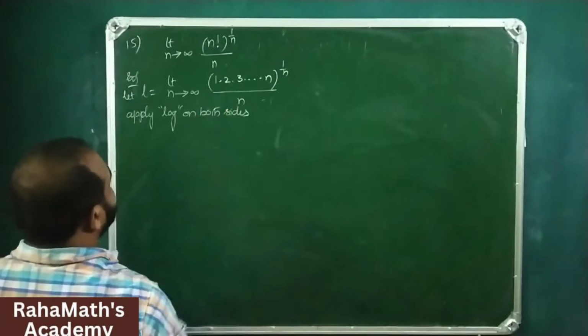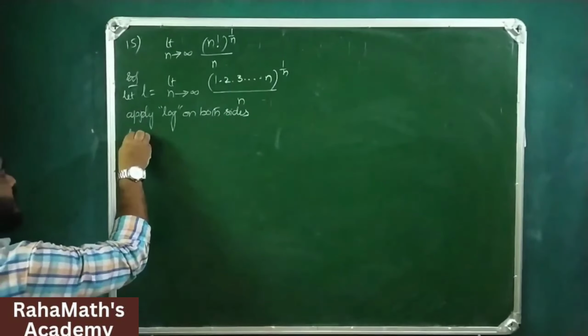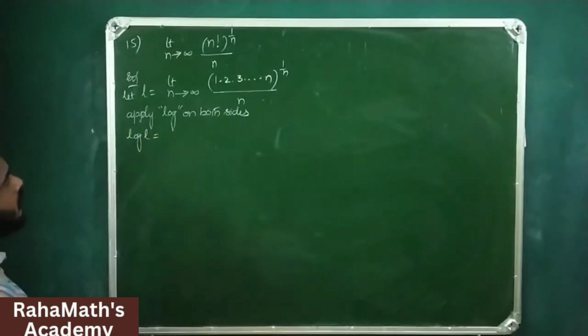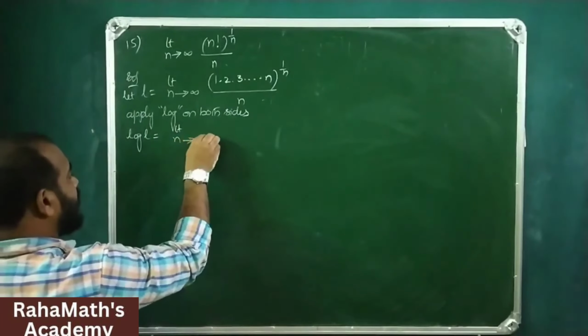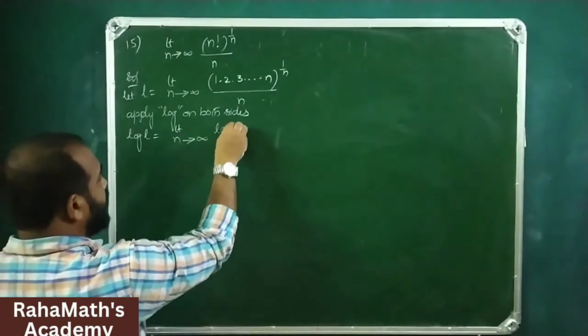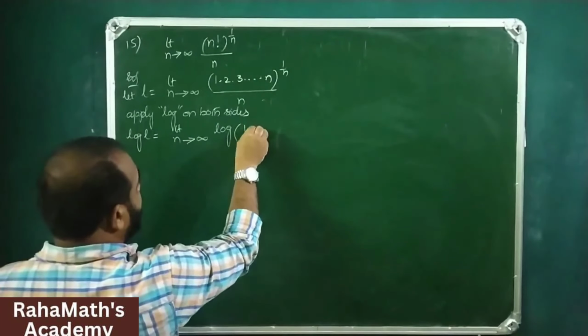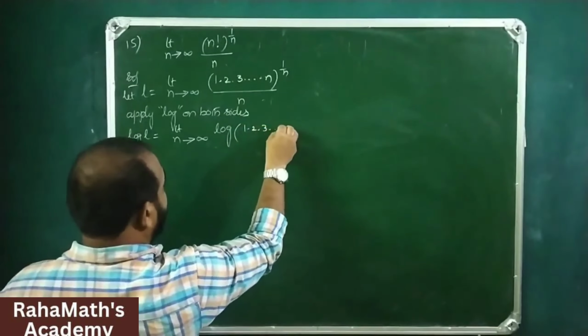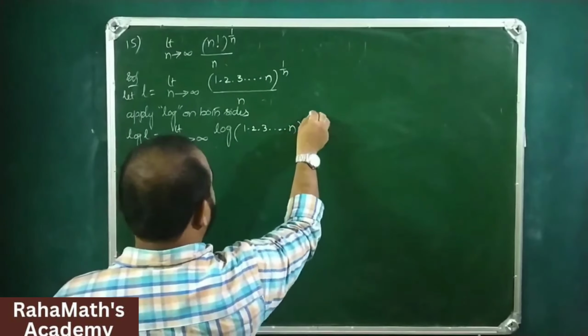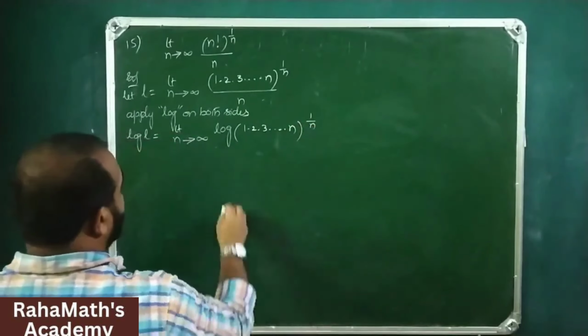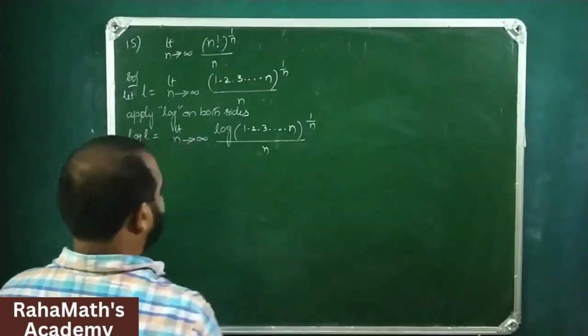Then log L is equal to limit n tends to infinity of log of 1 into 2 into 3 etc. n, whole power 1 by n, by n.